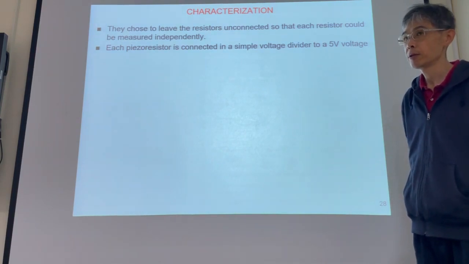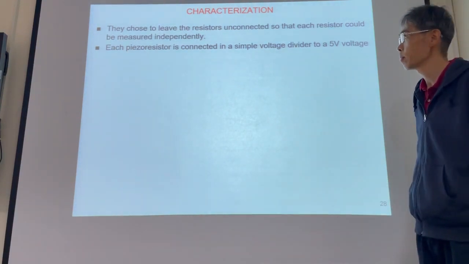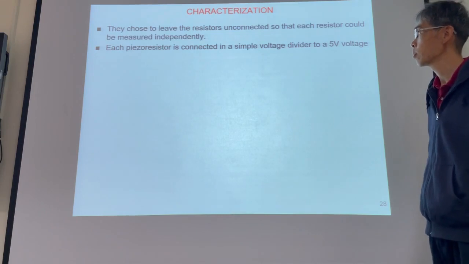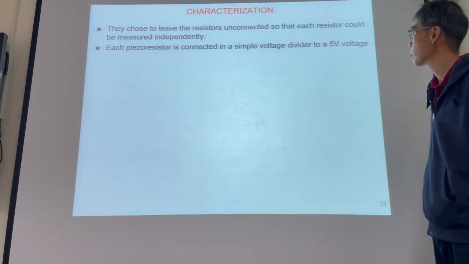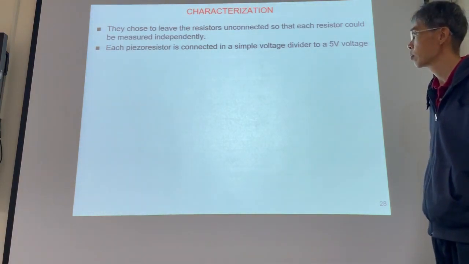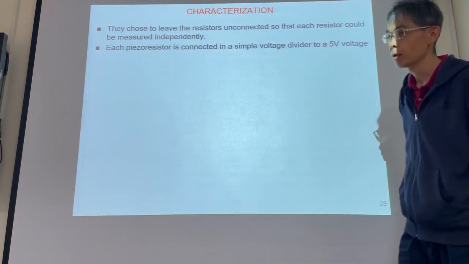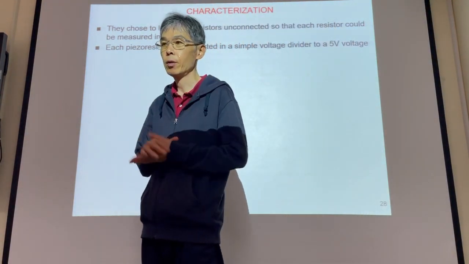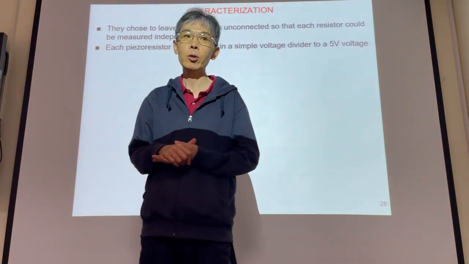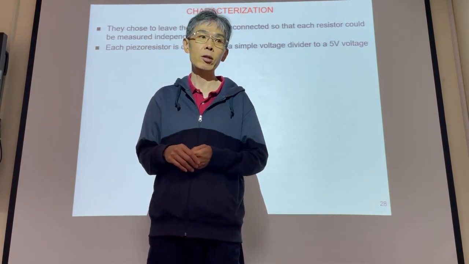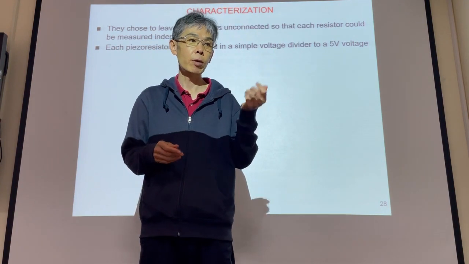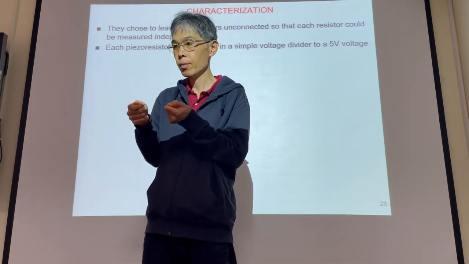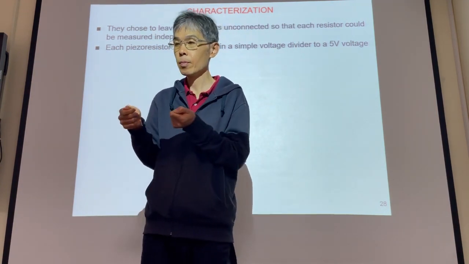Kyler, could you read the first point? They choose to leave the resistors unconnected so that each resistor could be measured independently. Yes, for MEMS, when we do research, we want to create a device where we can measure the R values.